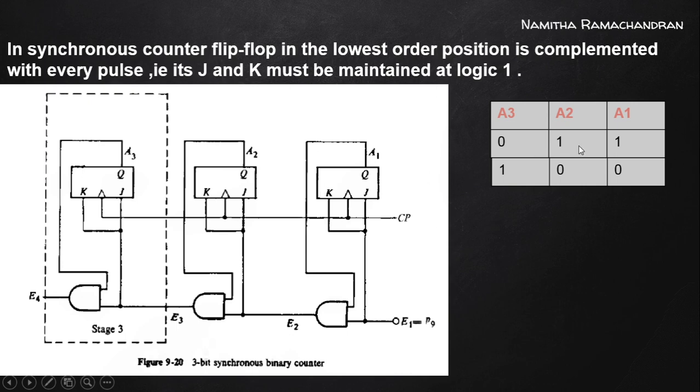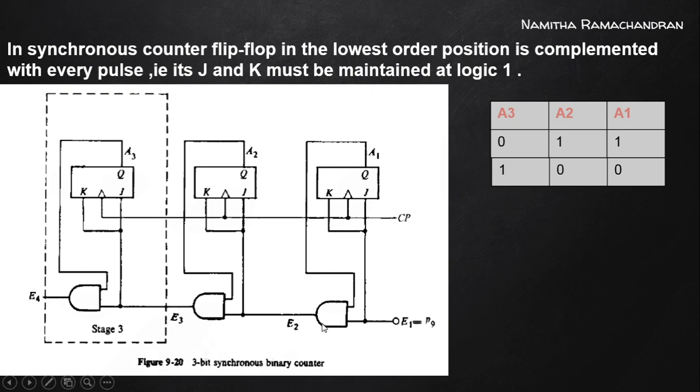Okay, but here the present state value of A1 is 1 and present state value of A2 is again 1. Okay, this A1 value is ANDed with our control variable P9. In order to perform this increment operation, the P9 value must hold the value 1. So the 1 and this A1 value 1 generate an AND operation result E2 as 1.